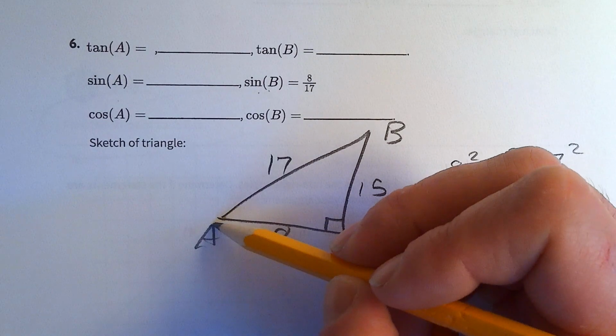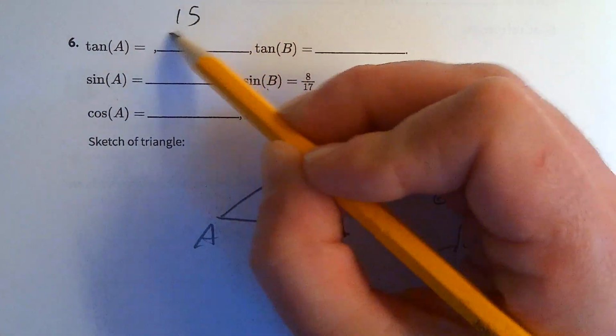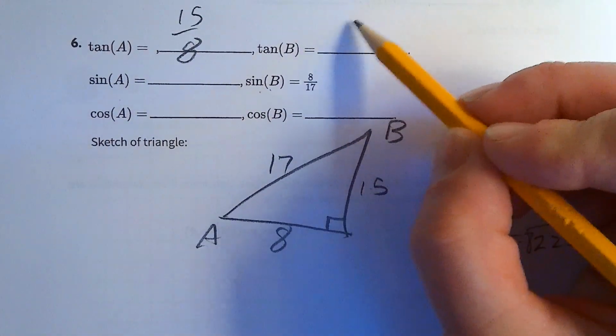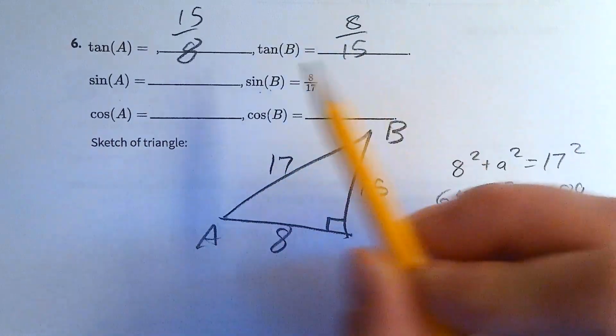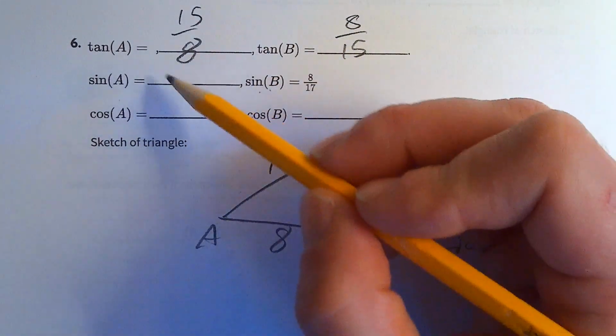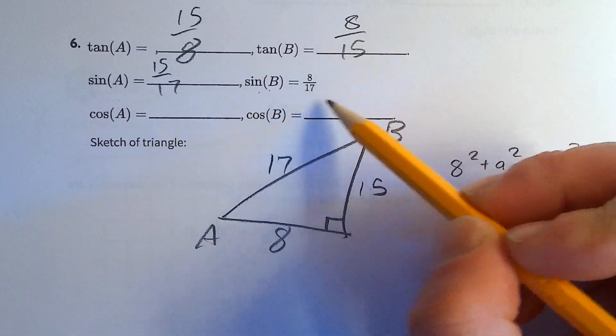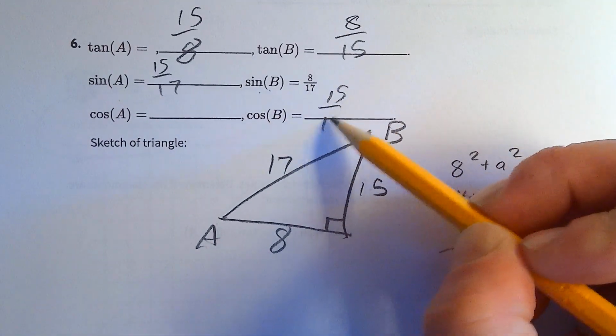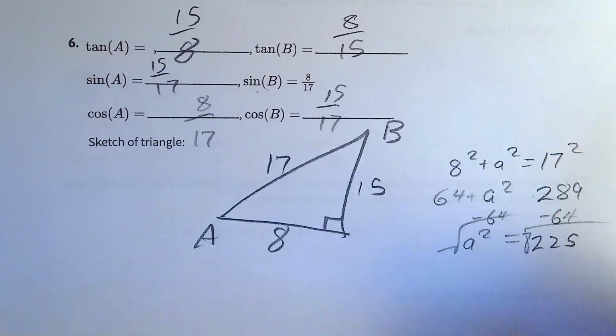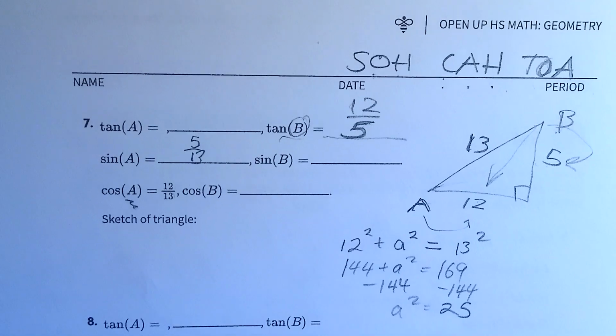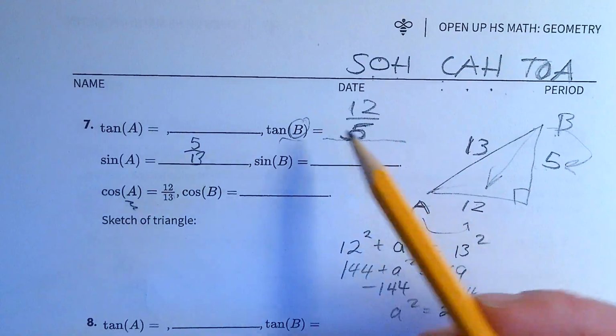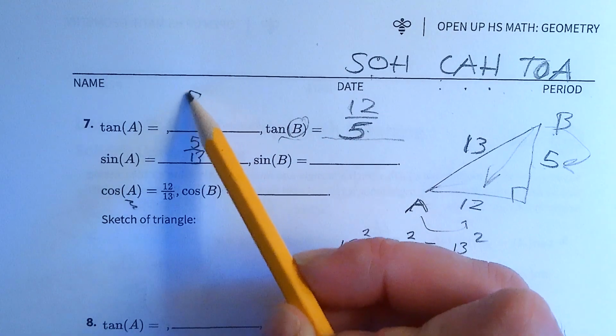All right, tangent of A, 15 over 8. Tangent of B will be, switch perspective. Sine of A, 15 over 17. Then this will be 15 over 17, and this will be 8 over 17. Tangent of A will be this flipped over, 5 over 12.